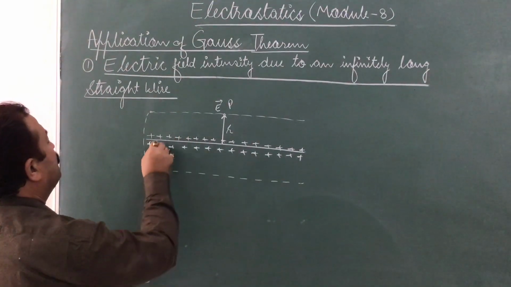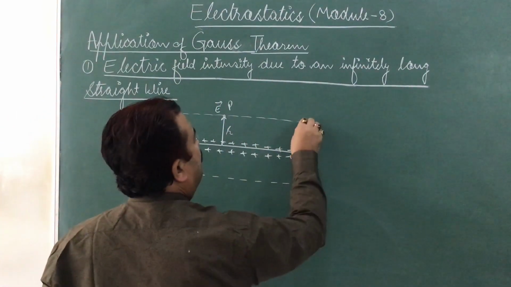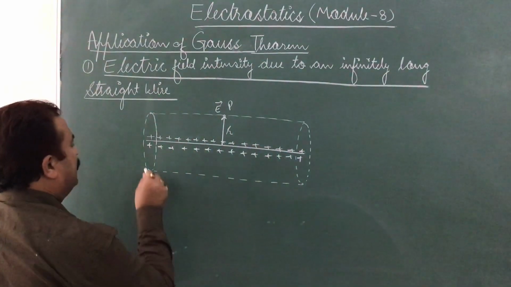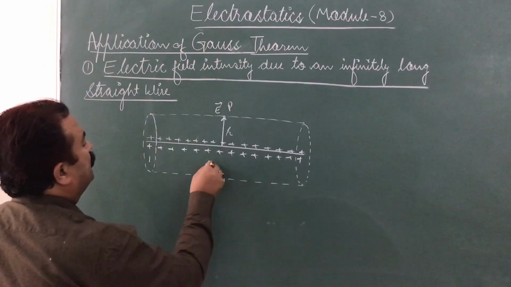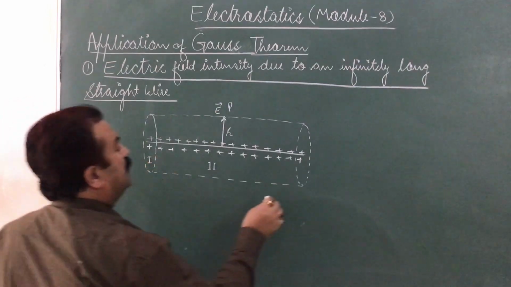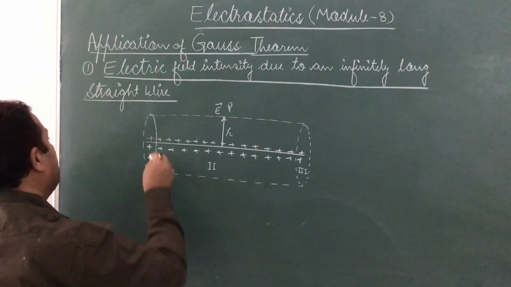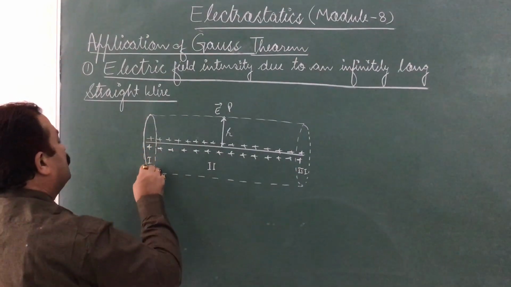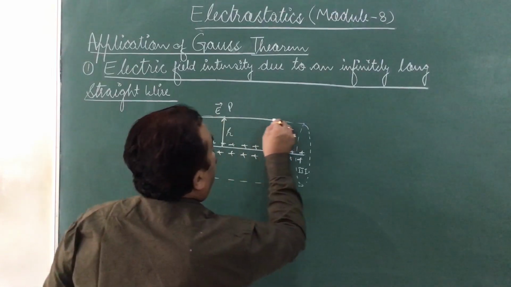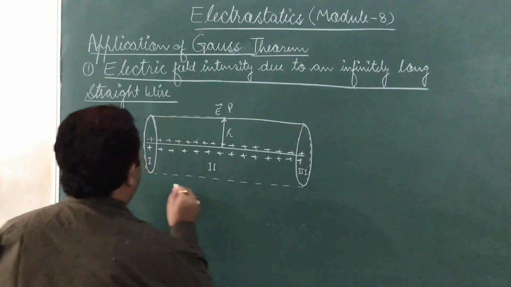This is its first surface, this curved surface is the second surface, and this is its third surface. You can make it dark also. This is the Gaussian surface which we have considered here.